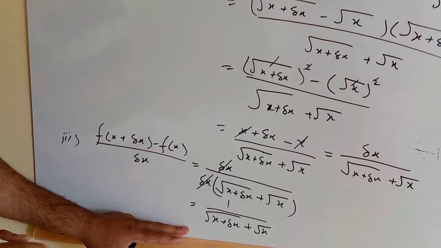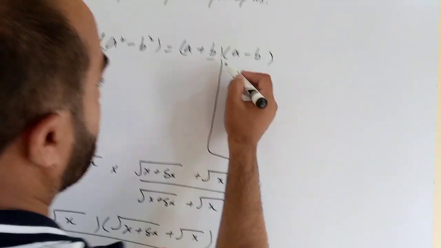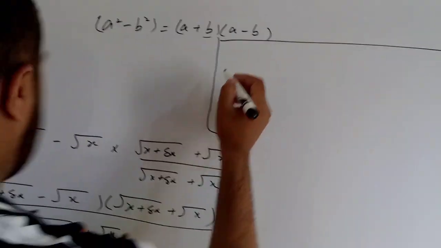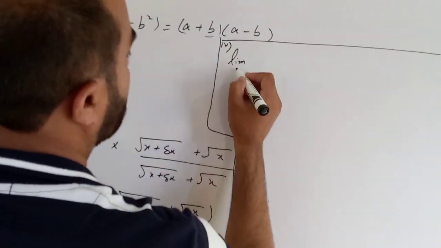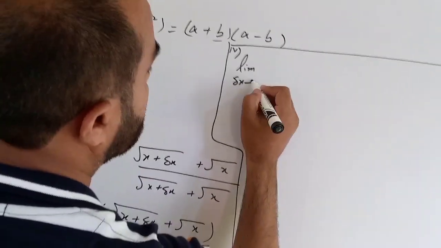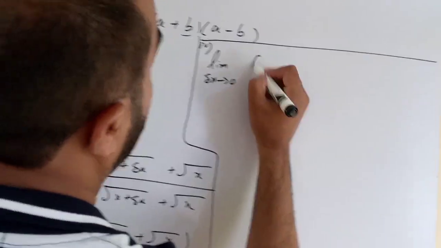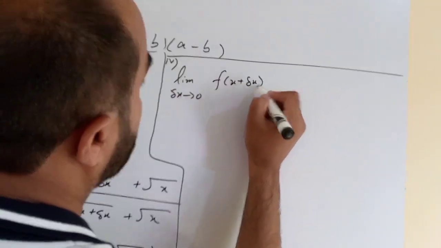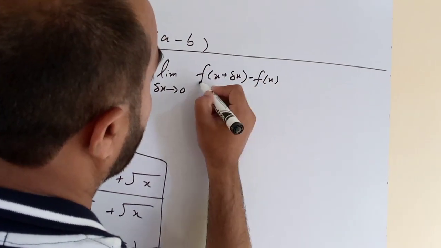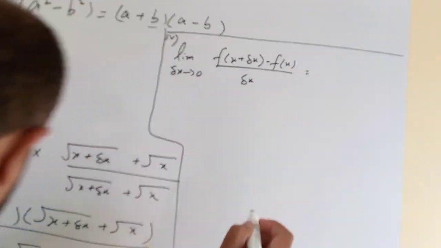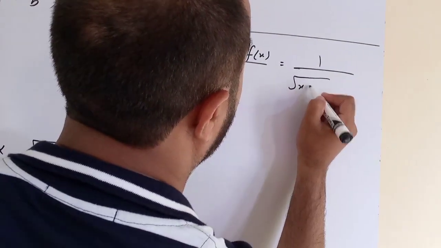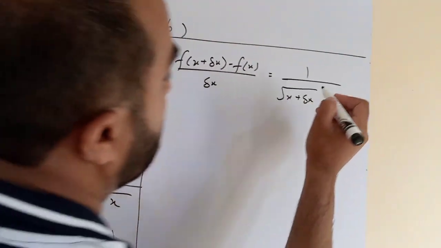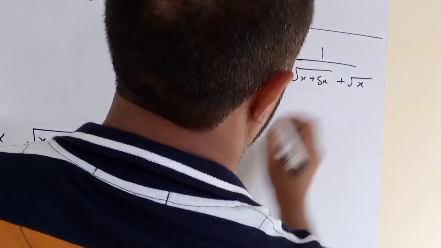Now we have to apply the limit, which is our step 4. Limit delta x tends to 0 of f of x plus delta x minus f of x over delta x equals 1 over square root of x plus delta x plus square root x.